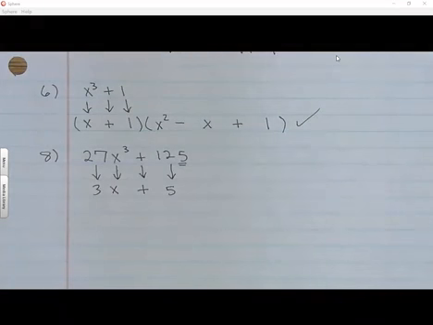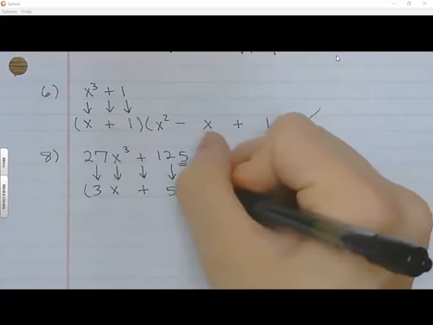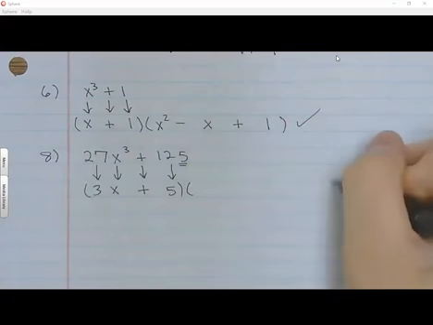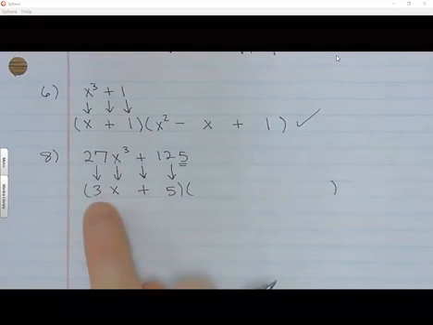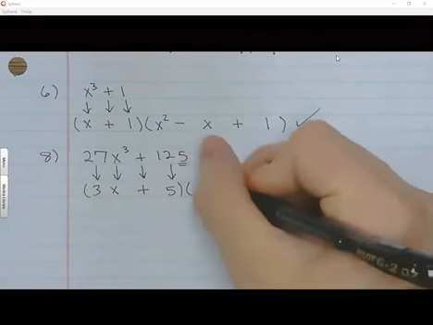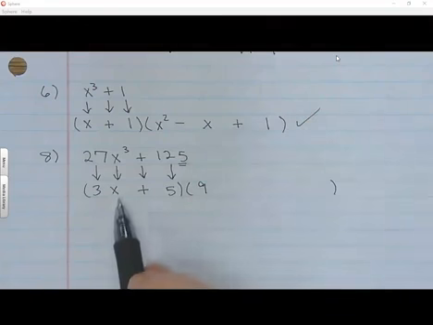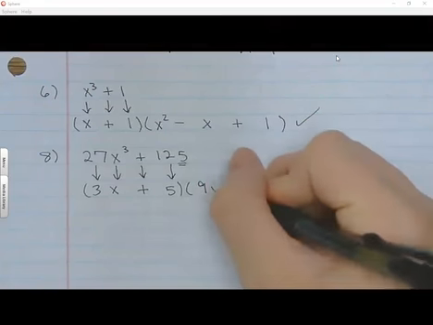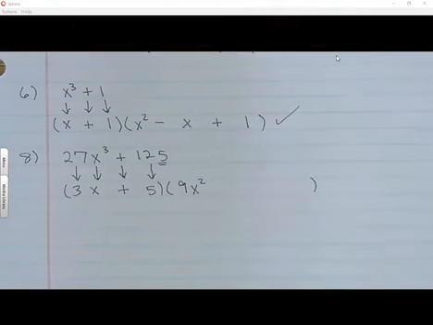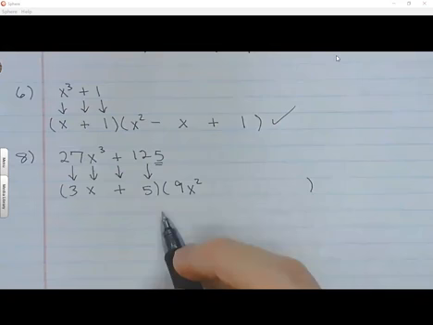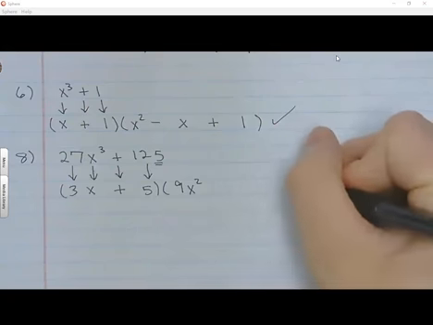Okay, let's put parentheses around this, and let's start squaring stuff, okay? If I square the 3, I'm going to get a 9. If I square the x, I'm going to get x squared. And then if I square the 5, I'm going to get 25, because that's 5 times 5.